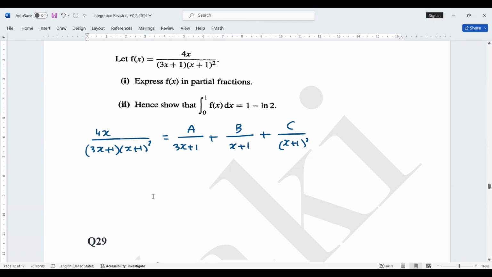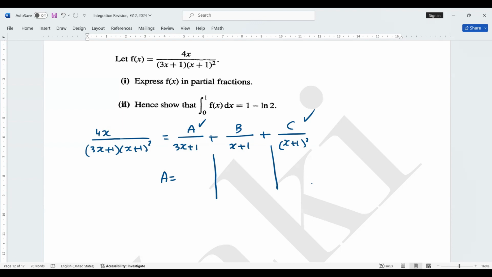We need to get a, b, and c, the constants. We use the cover-up method to get the value of a. Also, we can use the cover-up method to get the value of c, but we can't use the cover-up method to get the value of b. By using the cover-up method for a, 3x plus 1 equals 0, so x equals negative 1/3.